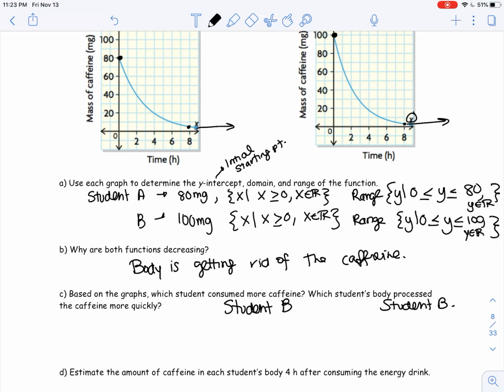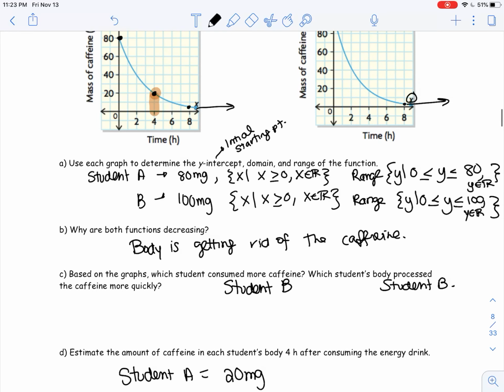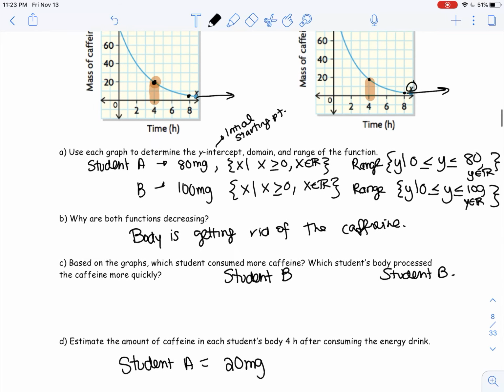Estimate the amount of caffeine in each student's body 4 hours after consuming the energy drink. So we're going to look at 4 hours. You're going to extend your graph and look at this point right here. What is that? I would say that for student A, it looks to be approximately 20 milligrams. And then you want to do the same thing for student B. At 4 hours, how many milligrams is that?